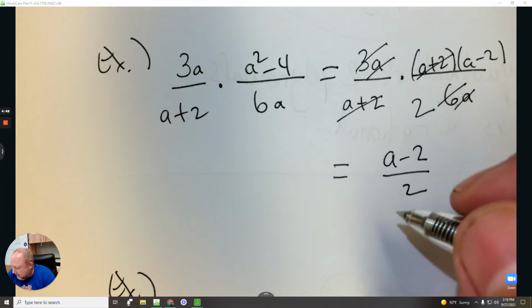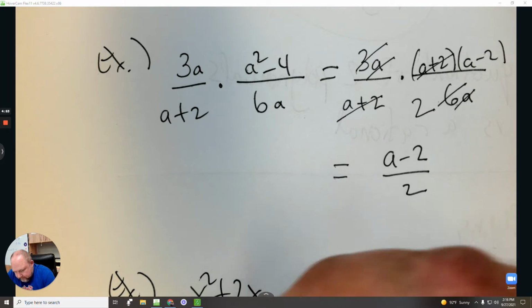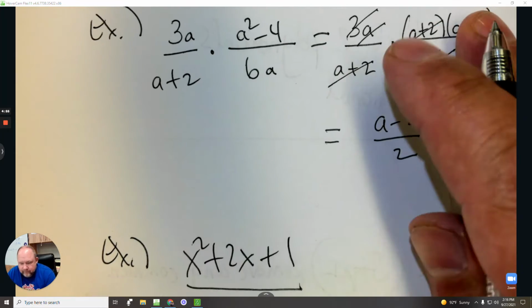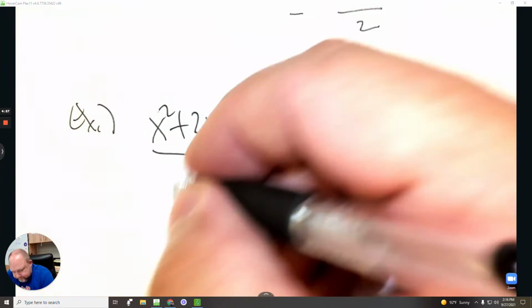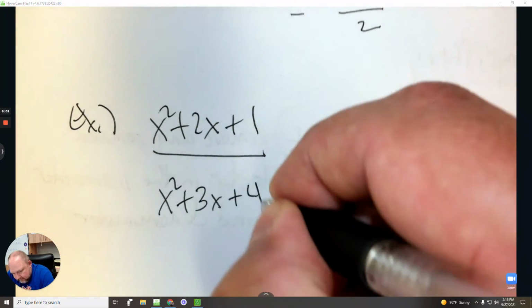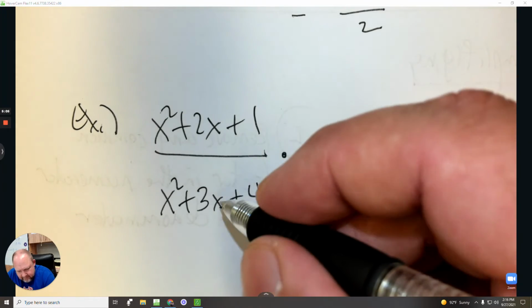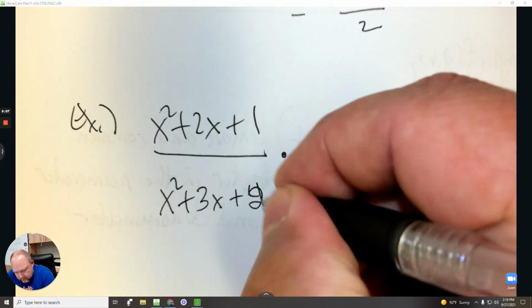Let's look at another example of multiplying.